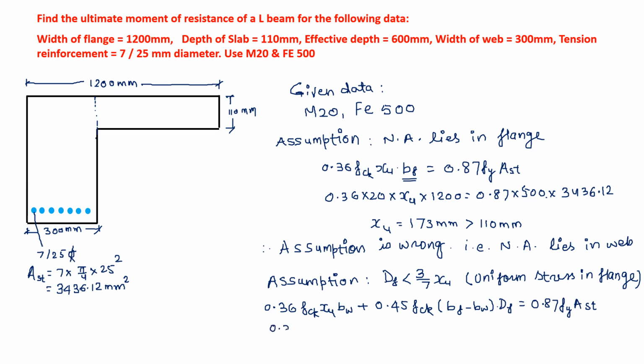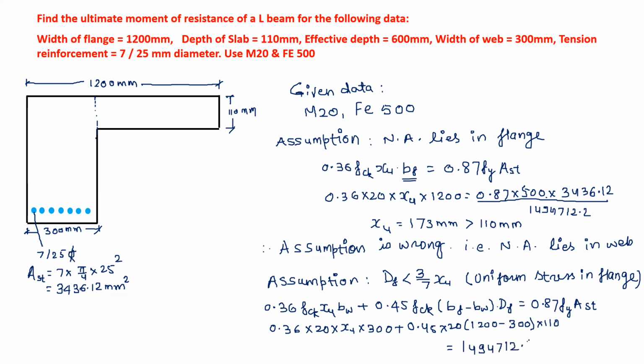So we have 0.36 fck is 20, xu we have to find out and bw is 300, plus 0.45 fck is 20, bf is 1200 minus bw is 300, and Df is 110, which is equal to the value I have calculated here: 1494712.2.